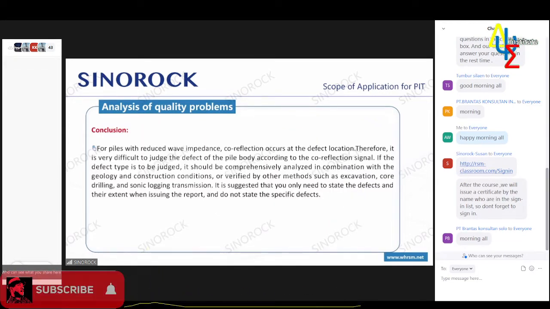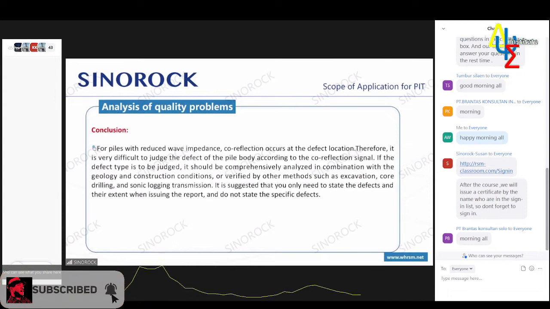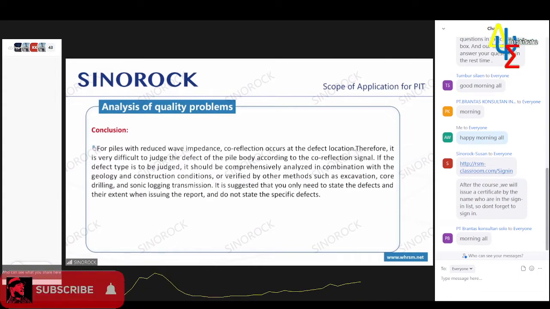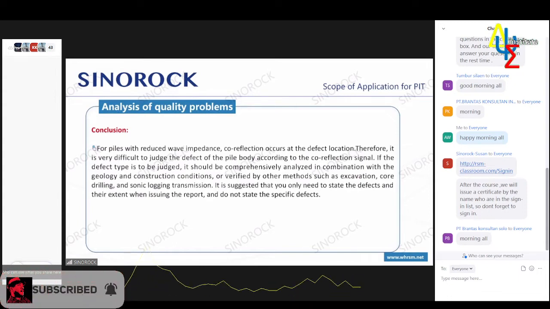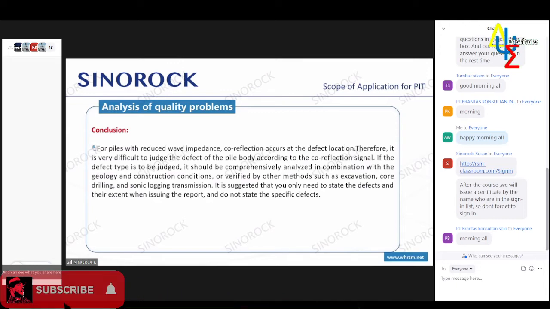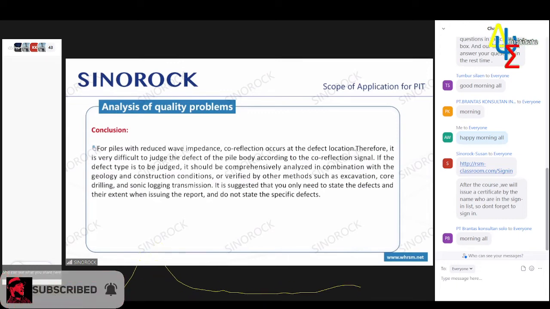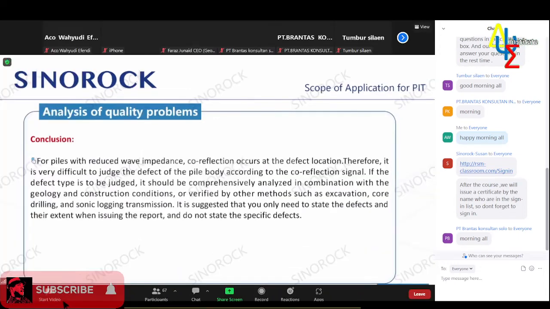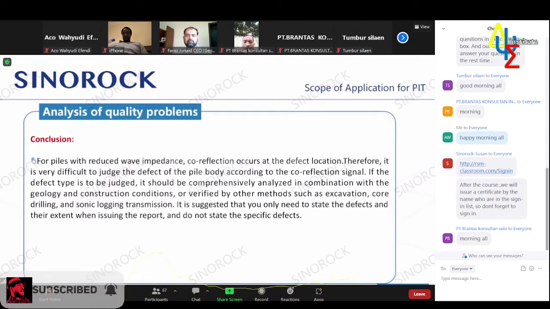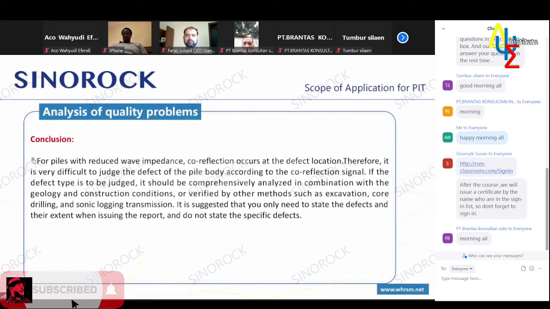According to these, we can know that most defects cause wave impedance reduction. As we have said before, for the pile with reduced wave impedance of the pile body, the reflection in the same direction will occur at the location of the defect. Can we deduce it backwards?